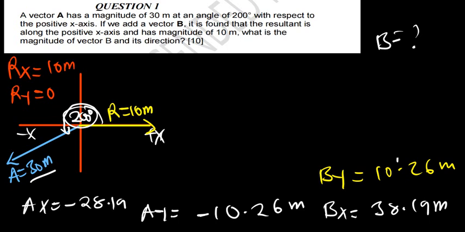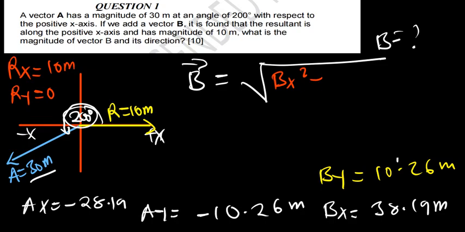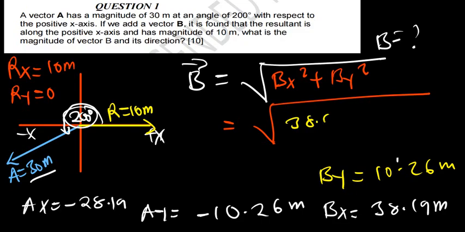So if you have the x and y component, the next thing you are going to do is put in the square root. Then you get the x component, you square it, plus the y component, you square it. As simple as that. Let's plug in the values. Our x component of b is 38.19. I square it, plus that one is 10.26 squared.